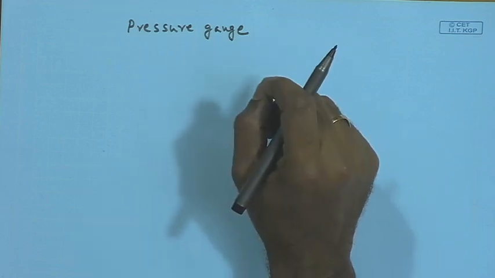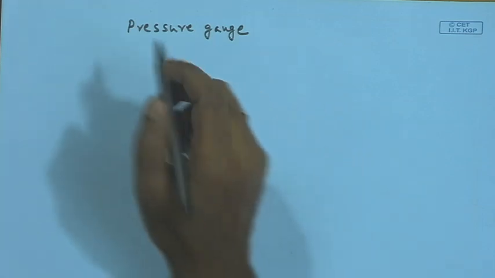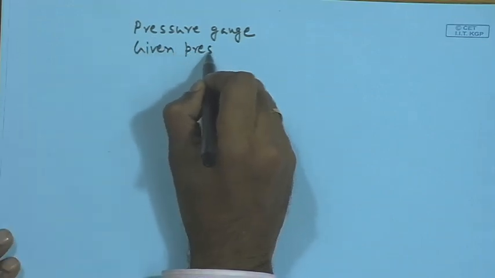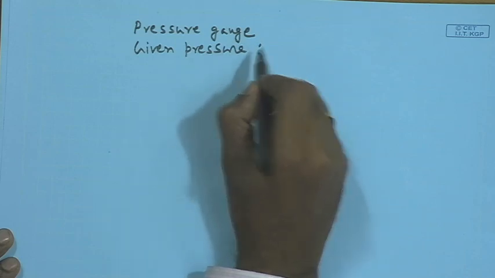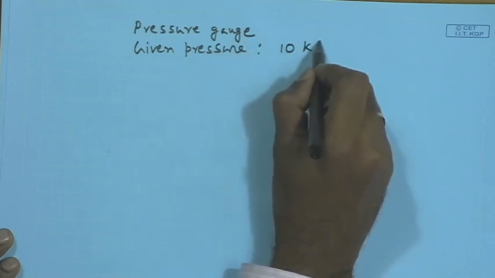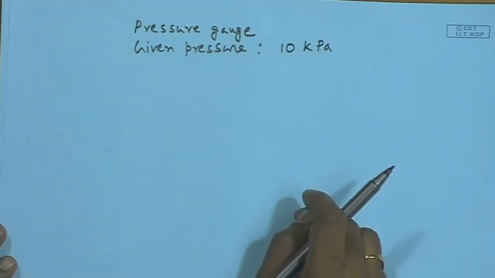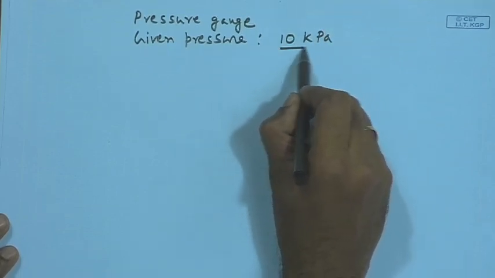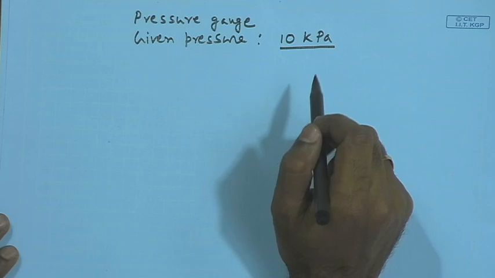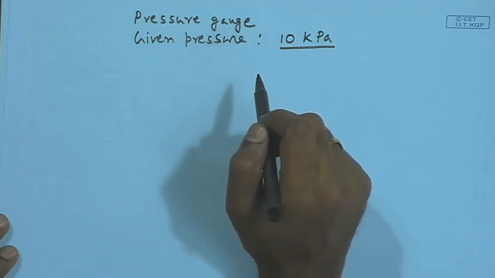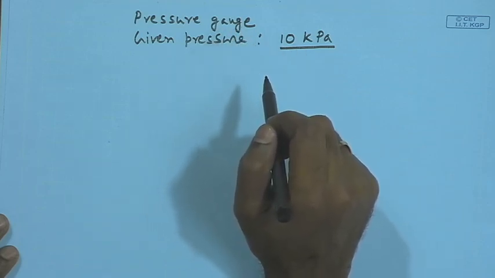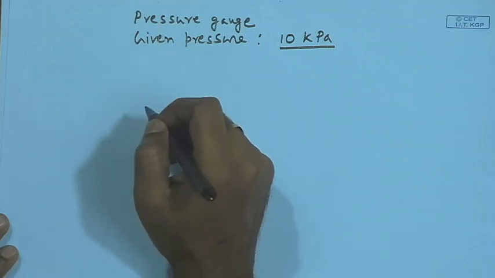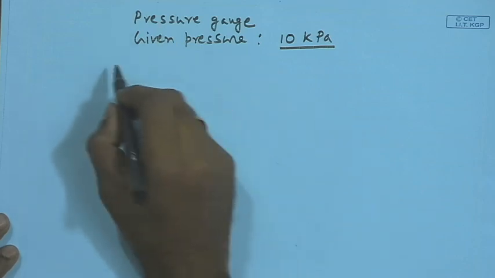Let us say the given pressure is say 10 kilopascal. So, we are measuring a 10 kilopascal pressure using a pressure gauge, and let us say for example, the data looks like this.